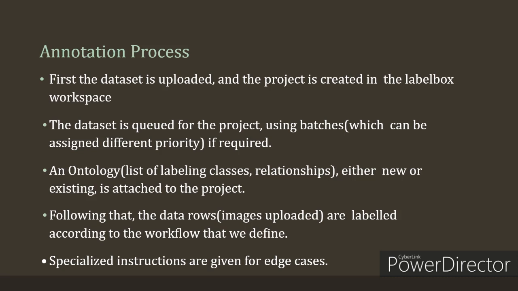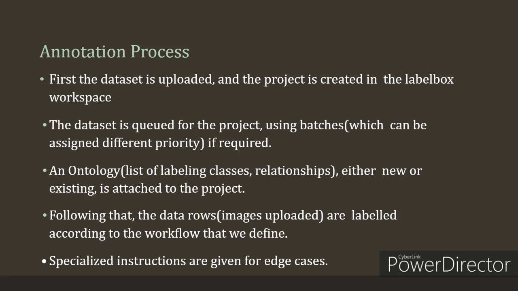Now, let's go over the step by step annotation procedure that we and our colleagues in the annotation lab will follow while creating the dataset. First, we upload the raw data, that is, images of newspaper pages, and create a project in the Labelbox workspace. The data set is then added to the project, grouped into batches of same or different priority if needed.